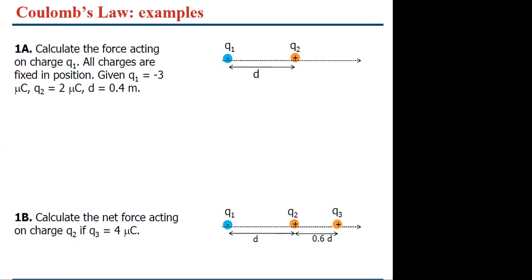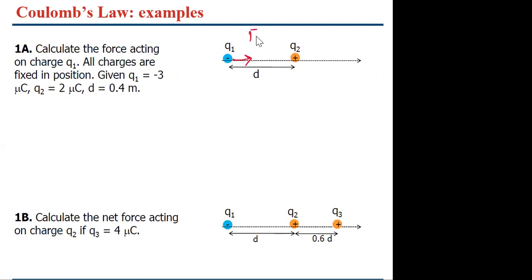Calculate the force acting on the charge Q1. All the charges are fixed in the position as shown. According to Coulomb, the force exerted on Q1 is attractive or repulsive depending on the signs. They have different signs.